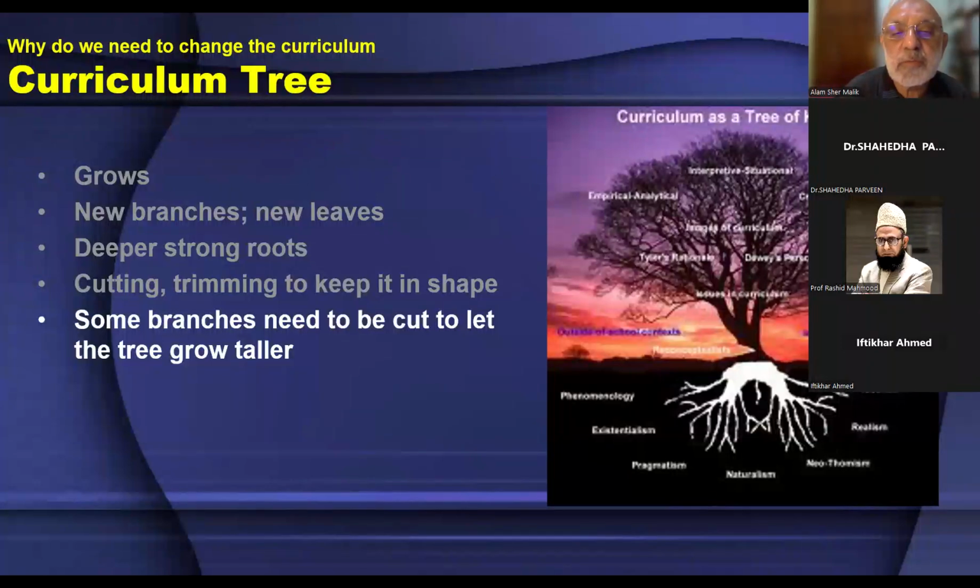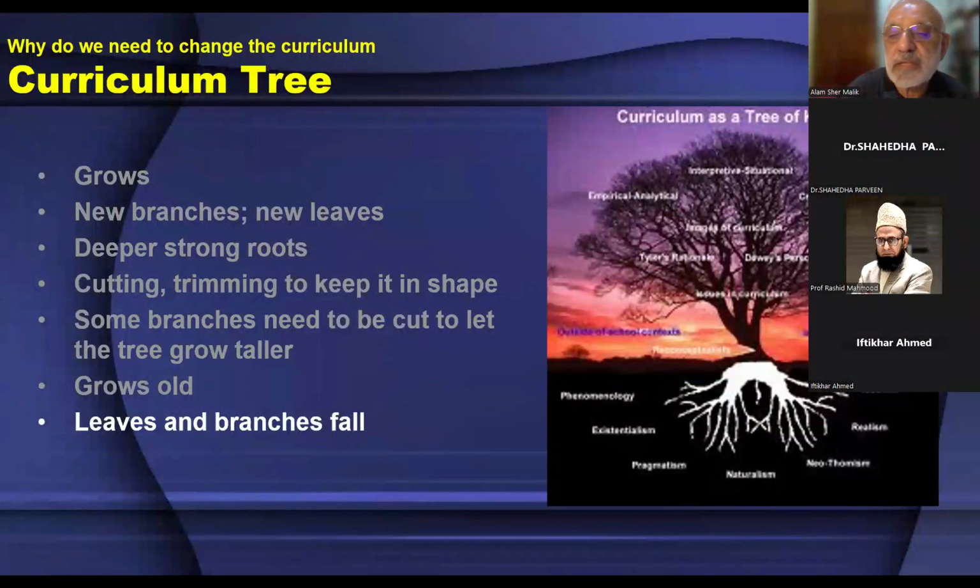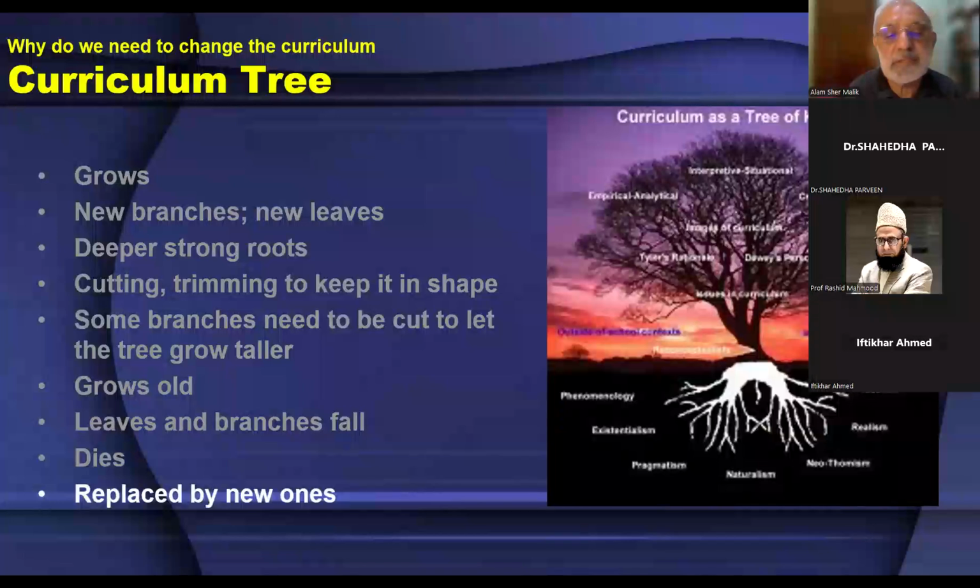Some branches need to be cut to let the tree grow taller. The tree grows old, some of the leaves and branches fall, it dies and needs to be replaced by a new one. That's exactly what happens with a curriculum, and that's why we call the curriculum a live document.